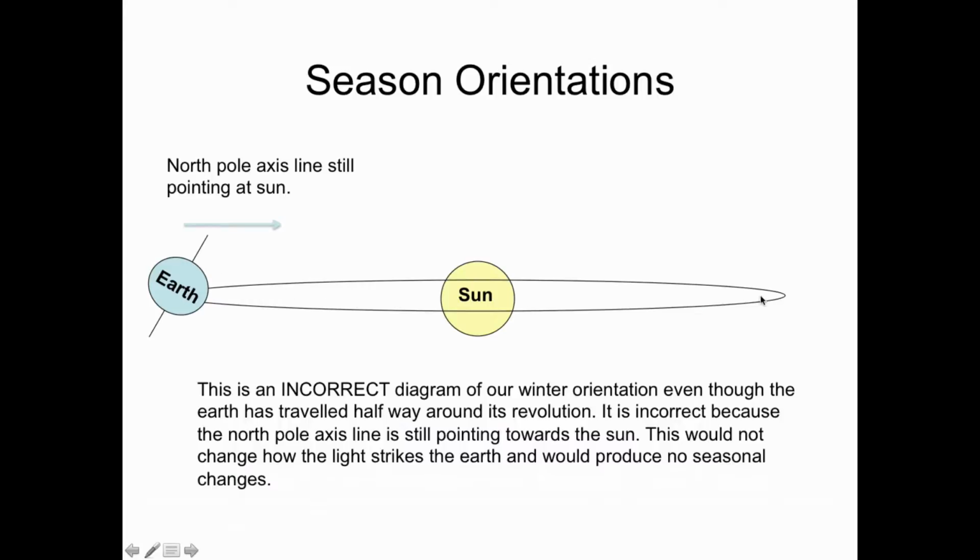Again, if this is the way the Earth went around the sun, we would not experience any seasons, even with the tilt of the axis, because the way light from the sun hits the Earth would never ever change. And so this can't be a true drawing. A true representation looks like the following.